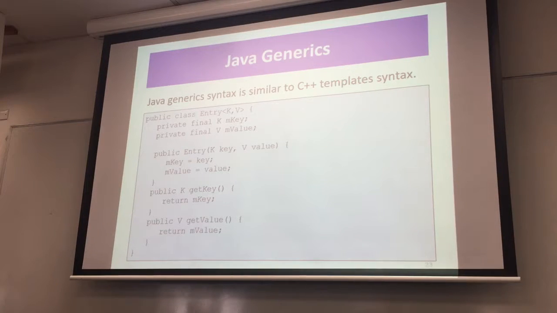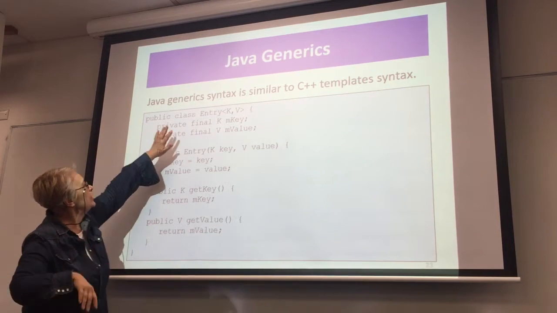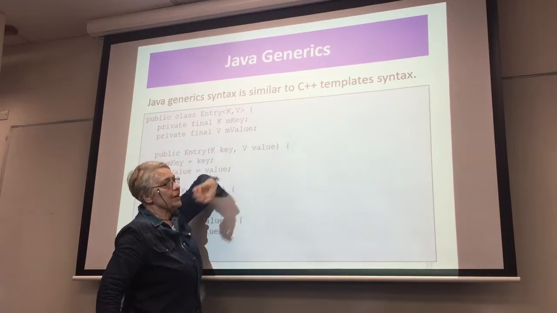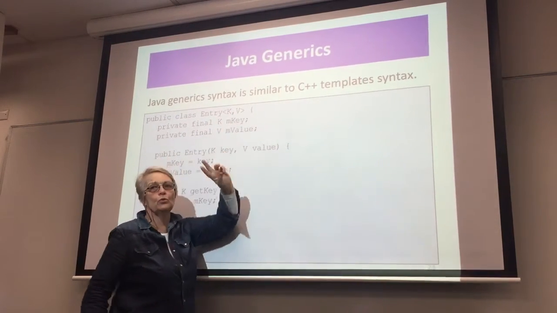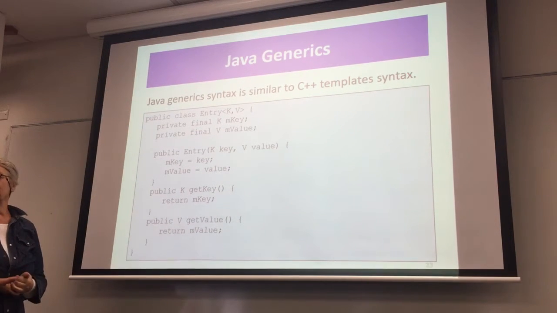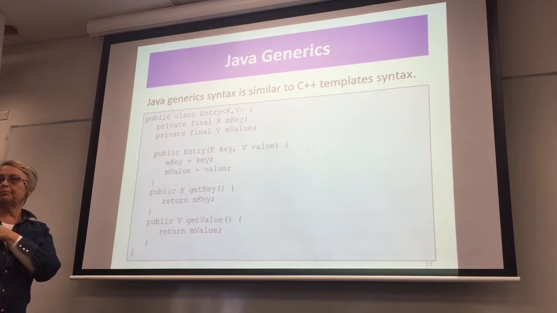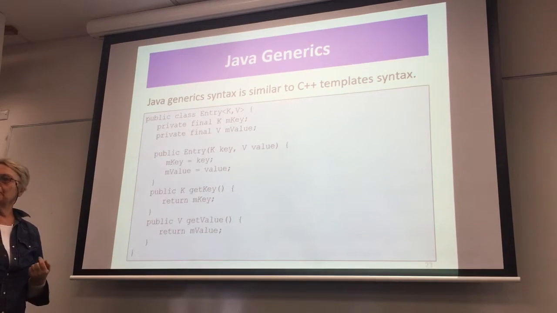Now, if you want to write your code using templates, it's much simpler in Java. You don't have to type a template keyword. All you have to do in order to create your generic type called entry is specify two parameters, whatever you want to call them, because they specify future type, integer or float or whatever. It's good to capitalize them.